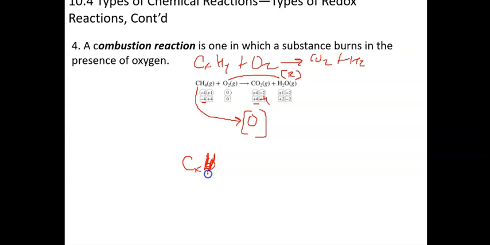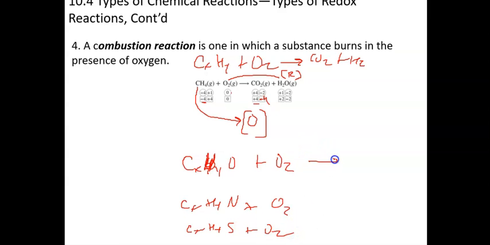Okay, another combustion that you can see is, rather than just having carbons and hydrogens, you can also have an oxygen attached to it. You can also have a nitrogen attached to it, or you can have a sulfur attached to it. And in all these cases, they still react with oxygen, and you still form CO2 and water.